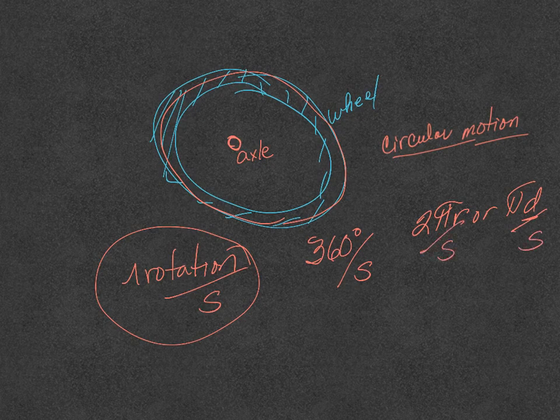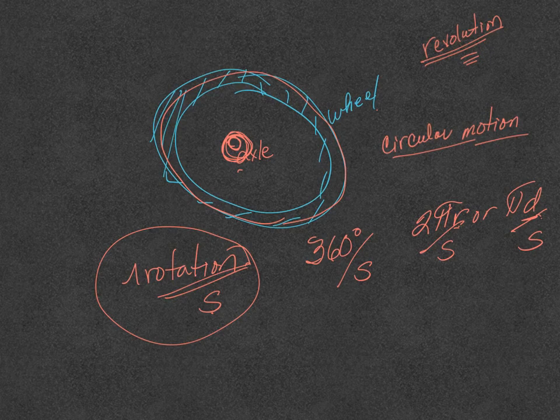That's what rotational velocity is all about. The same happens for the axle, but it depends on the dimensions of the axle and the wheel. When you're talking about rotations per second or revolutions, they're talking about the linear distance or the angle that is covered per given time interval.